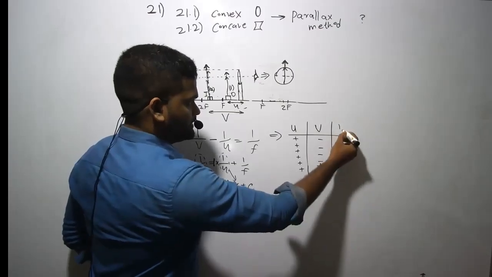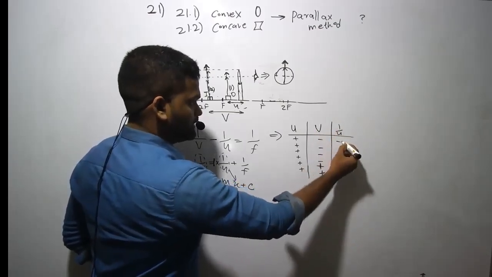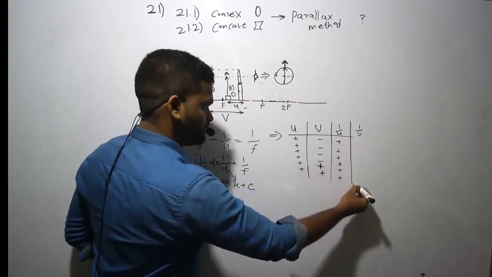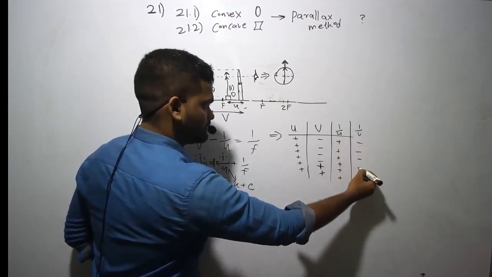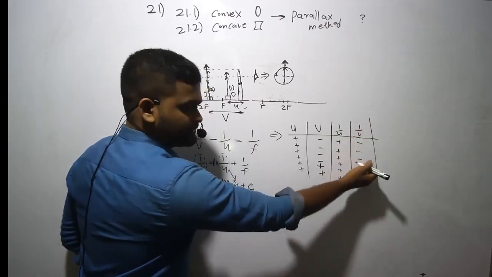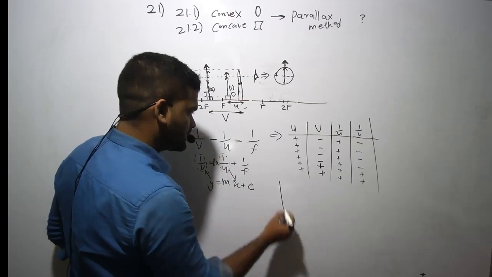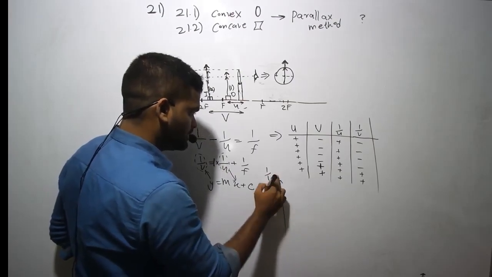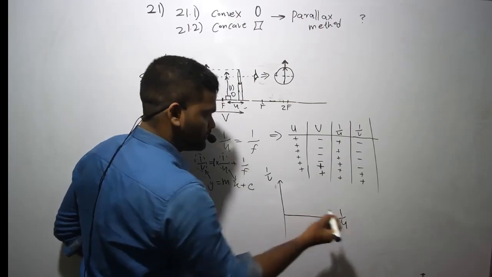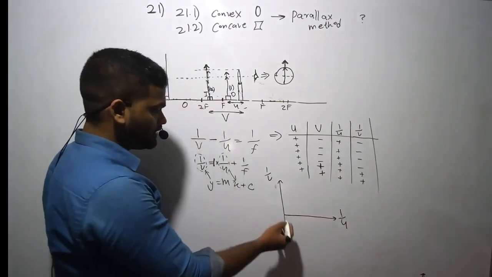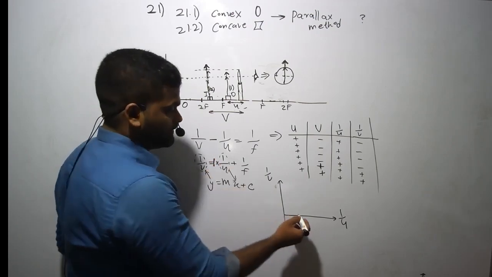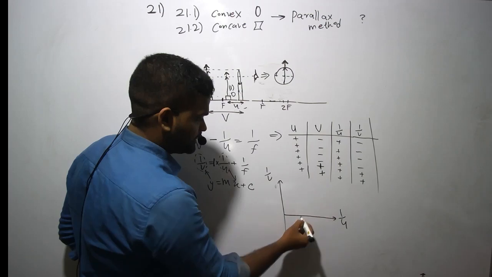Then what you do is you take reciprocal of U, those are positive. Reciprocal of V, those are negative. Right? So you have values for these. Then using those values, you can draw the graph. So the y-axis is 1 over V. Then you have x-axis 1 over U. So the graph needs to have a gradient of +1. So the graph will be something like this, right?